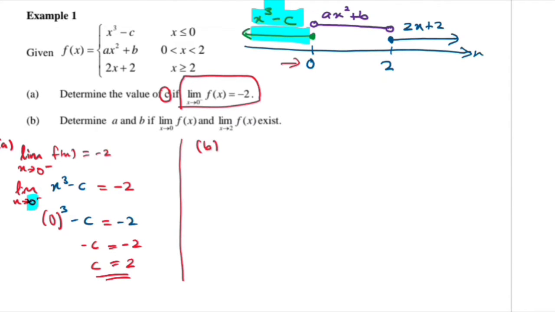What about B? B is to determine the value of a and b if the limit of f(x) as x approaches 0 exists, and also for this function as well. So the keyword for question B is the word exists. Remember, whenever we know that a limit value exists, it means that the value of that limit from the left side and the right side must be equal.